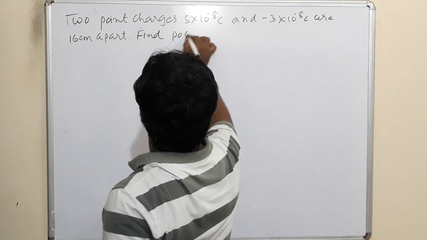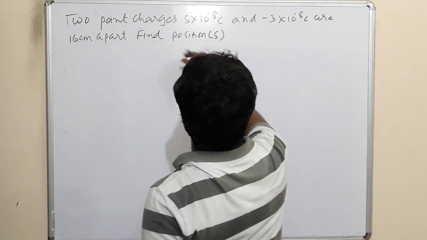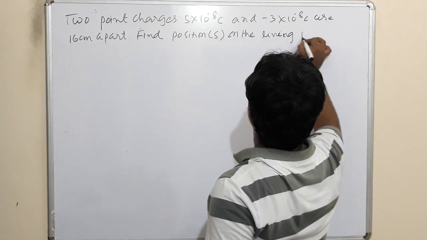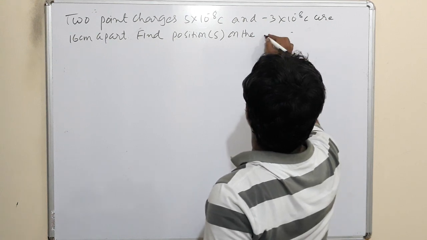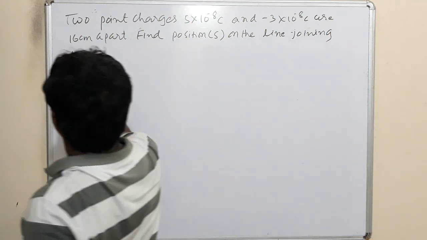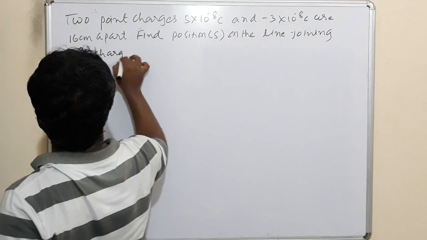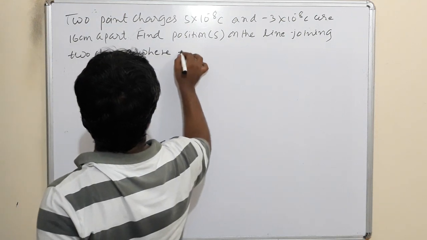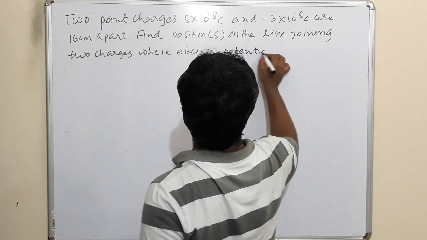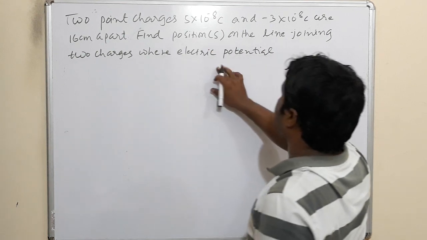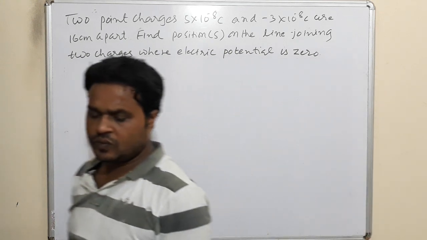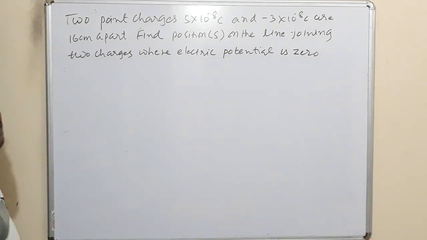Find the position or positions on the line joining the two charges where electric potential is 0. We have to find the positions of those points at which electric potential is 0. Note the question. I will solve it for both the positions.